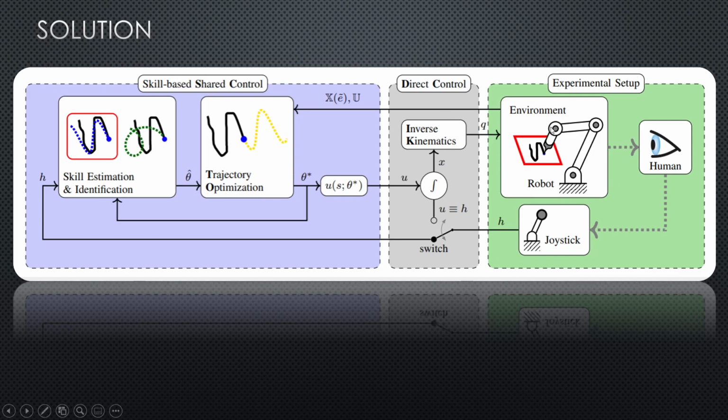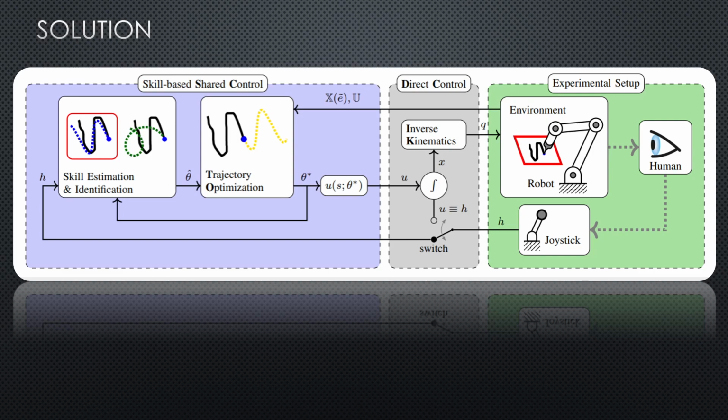We just use a direct control arrangement, but the idea of skill control to provide skill assistance to the operator comes into the picture, in that now we have a switch, and after the initial phase of direct control, we can then switch to a skill based shared control system, such that h is now fed into skill estimation and skill identification by means of the method that I mentioned previously.